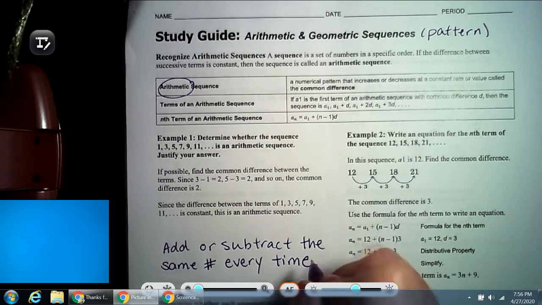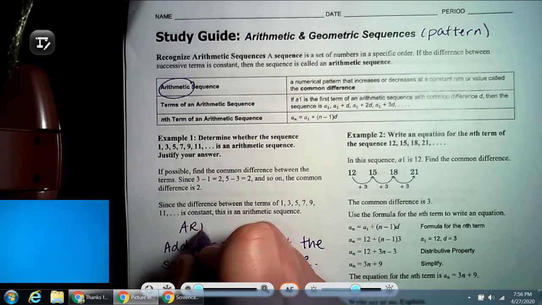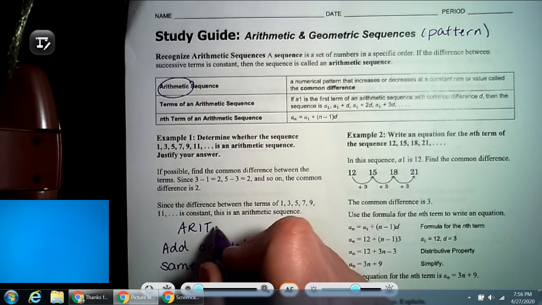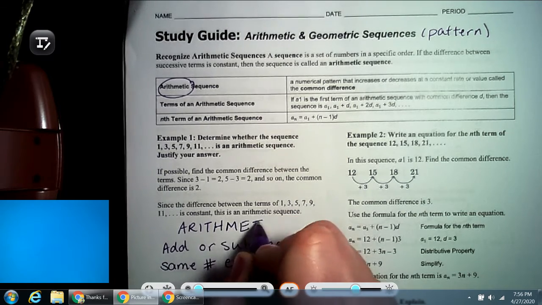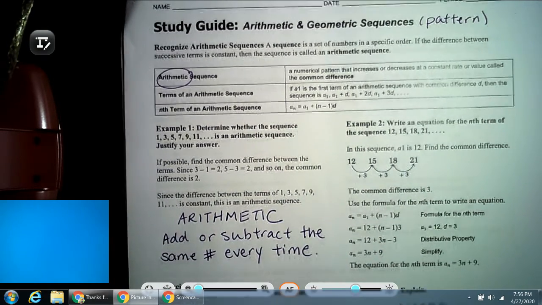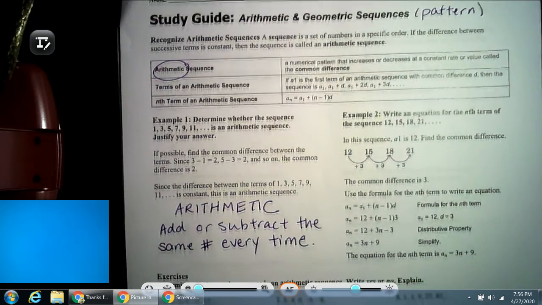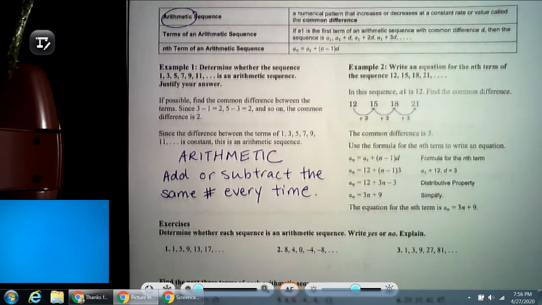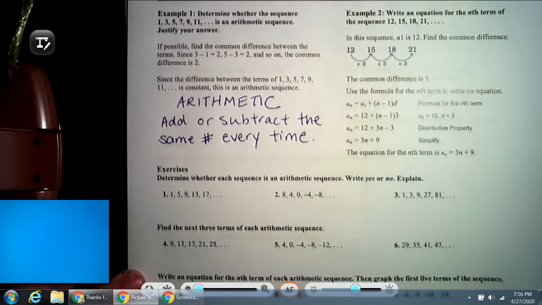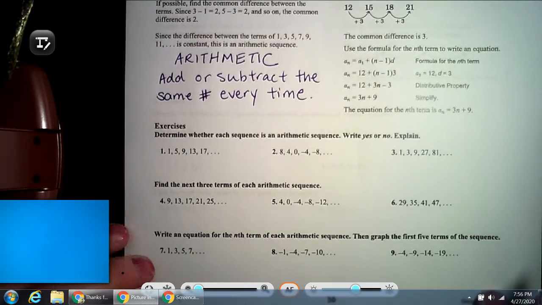So if it is arithmetic, our pattern is that we are either adding or subtracting the same number every time. So we're going to start down here. Example 1 and example 2, you can read through those on your own time if you like. But I'm just going to jump in and start with problem number 1 under the exercises.